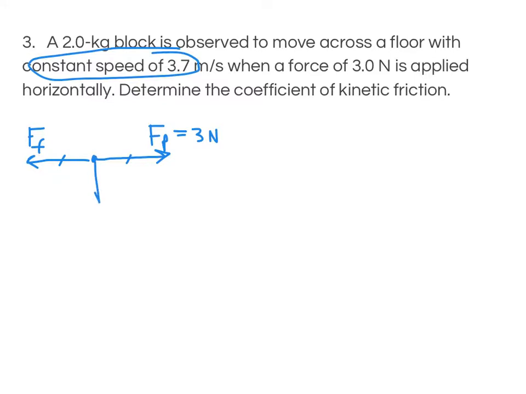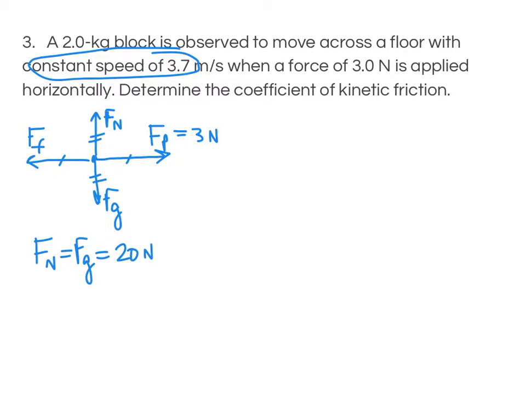I would also know that the gravitational force down equals the normal force up. The normal force is the same as the gravitational force, which would be 2 kilograms times 10 newtons per kilogram, or 20 newtons. And then I can also say that these forces would have to be equal.